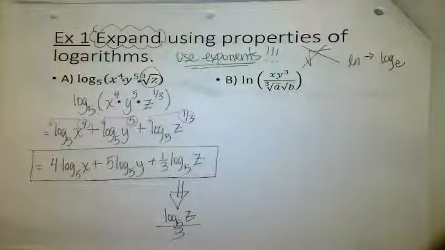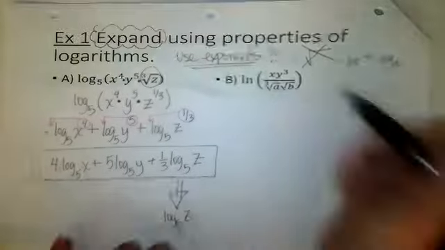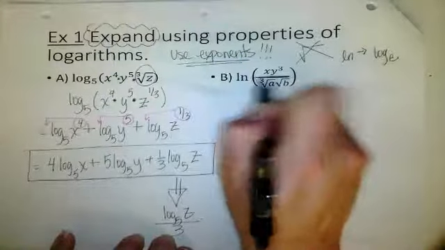But again, I want to use exponents. Now, when you look at this natural log problem here, what do you see? What operations are you seeing? Quotient. And product. Good.